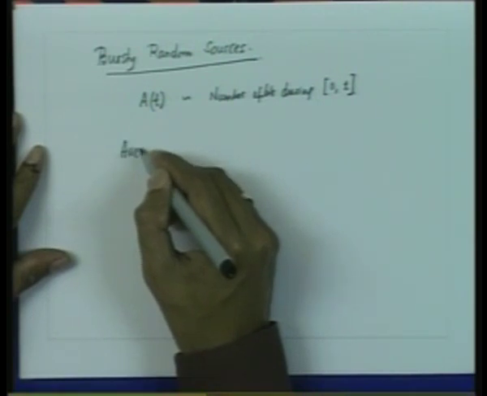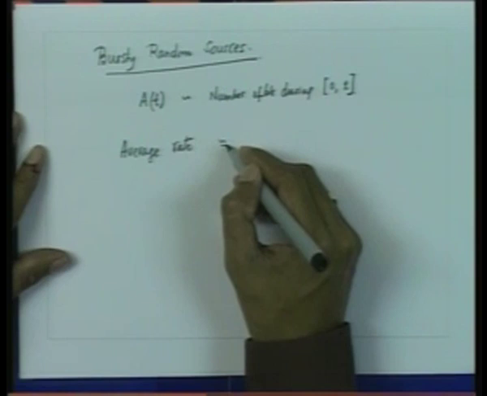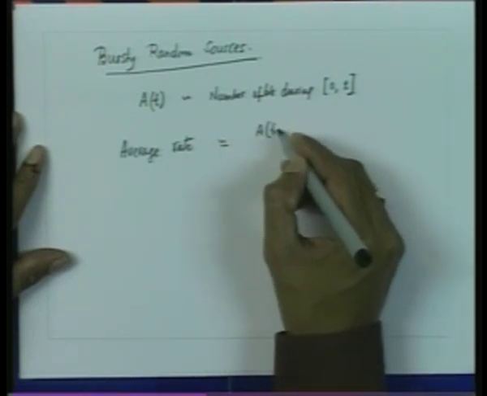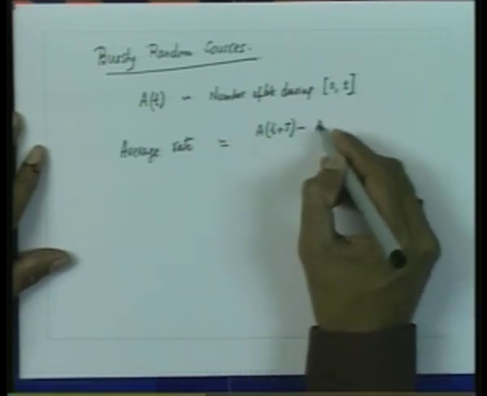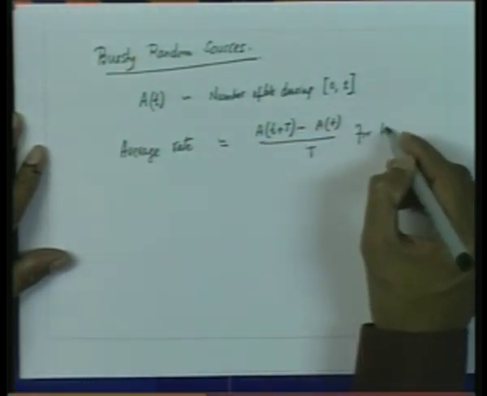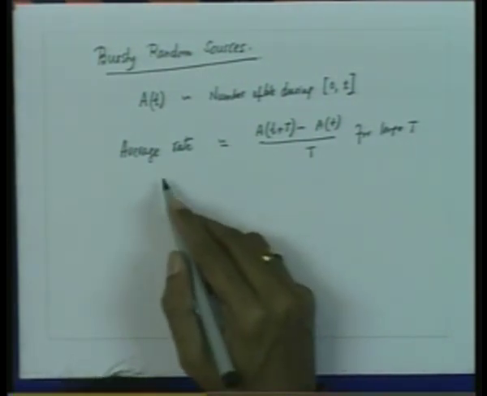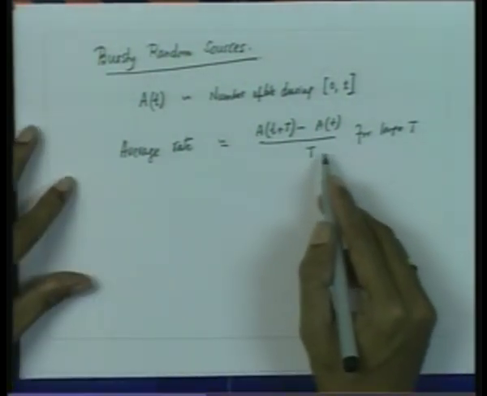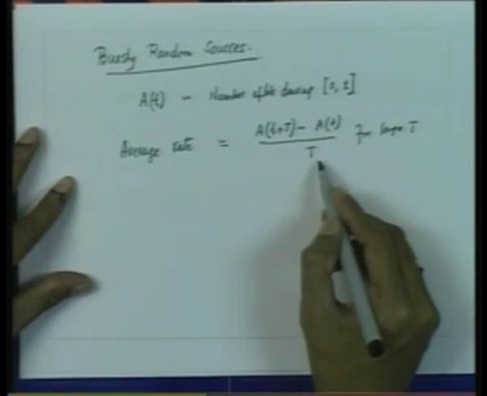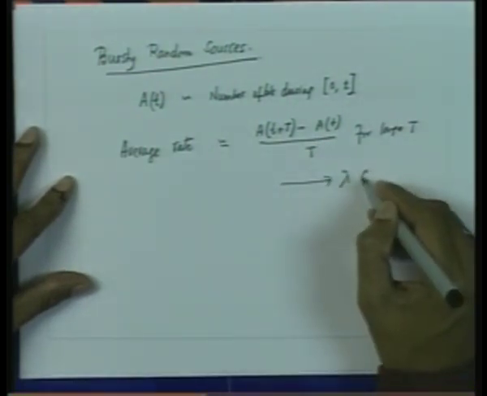So what will be the average rate of a source? The average rate of a source will be approximately equal to A(t plus T) minus A(t) upon T for very large T. So if T is very large, then the average rate will be close to A(t plus T) minus A(t) upon T, and let us say that lambda is this average rate.